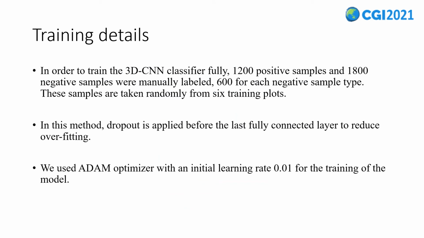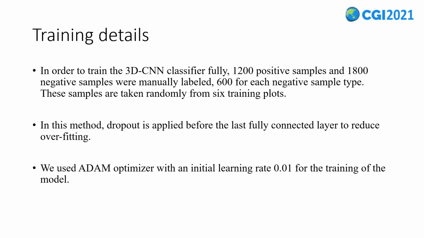Then I will introduce our training details. In order to train the 3D CNN classifier fully, 1200 positive examples and 1800 negative examples were manually labeled, 600 for each negative example type. These examples are taken randomly from 6 training plots.